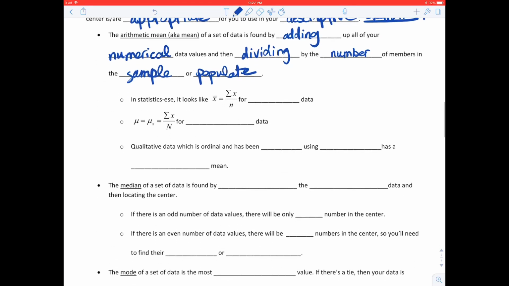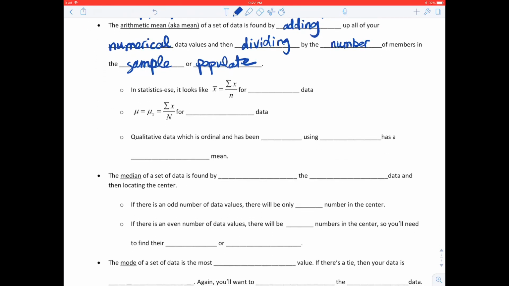So in statistics-ese, the language of statistics, it looks like X bar equals the summation. So this here means summation. So add them all up. So the sum of all your X's, all of your data inputs, divided by lowercase n.